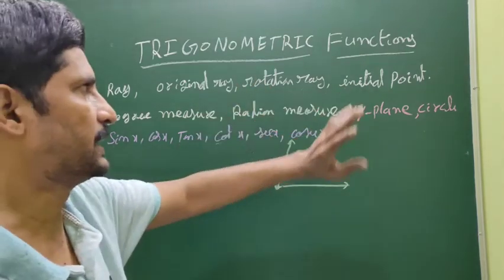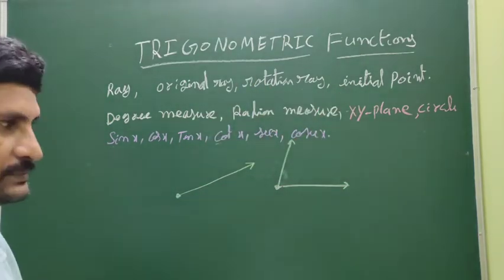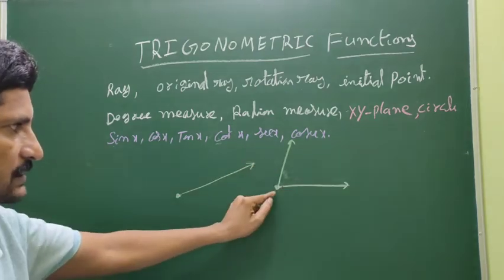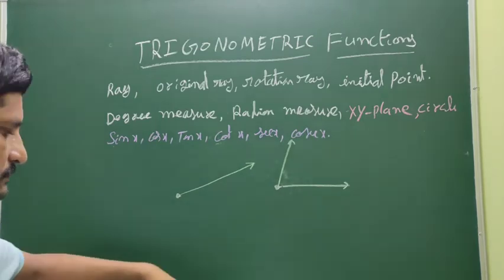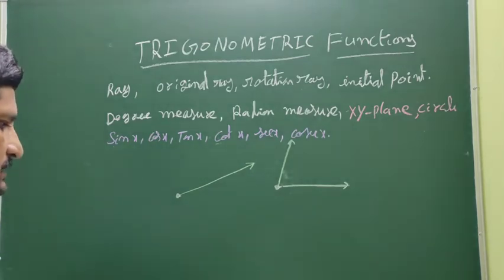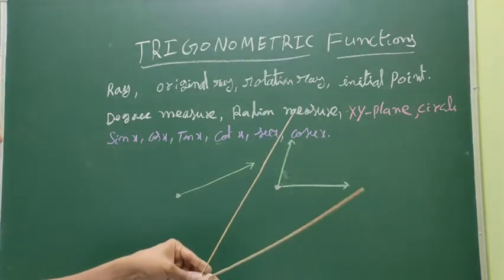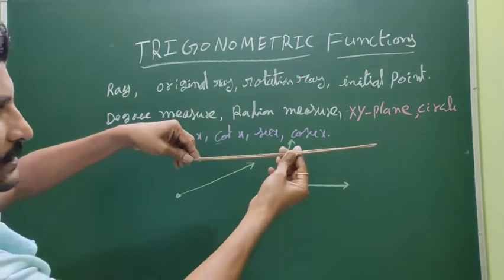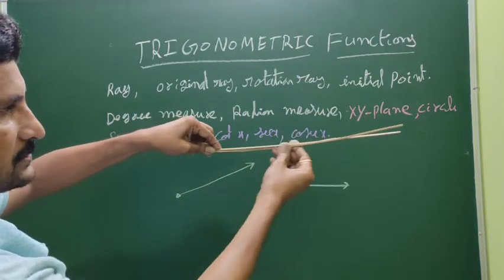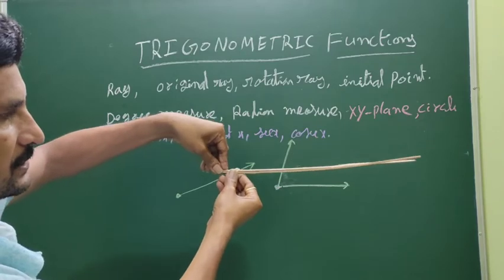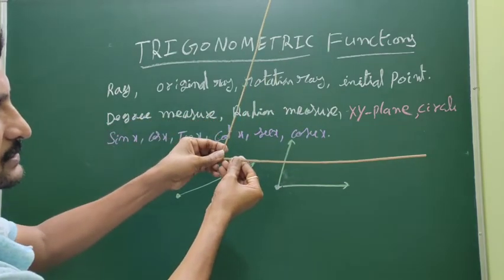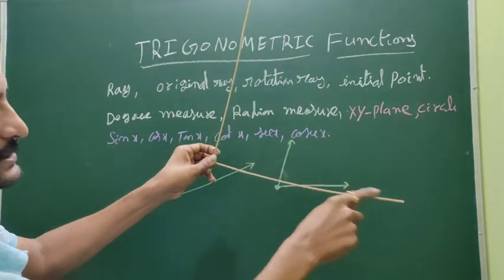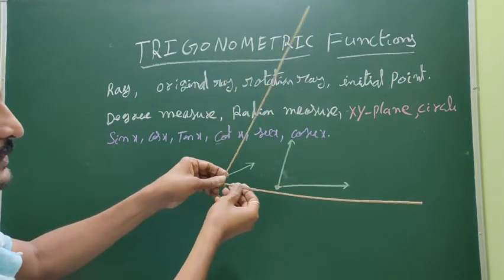Now, the initial point. What is the initial point? These two rays are starting here, so this is called the initial point. Suppose see these two sticks. Now these two sticks coincide with each other. Now it is rotating, so this is the rotation ray, and this is the original ray.